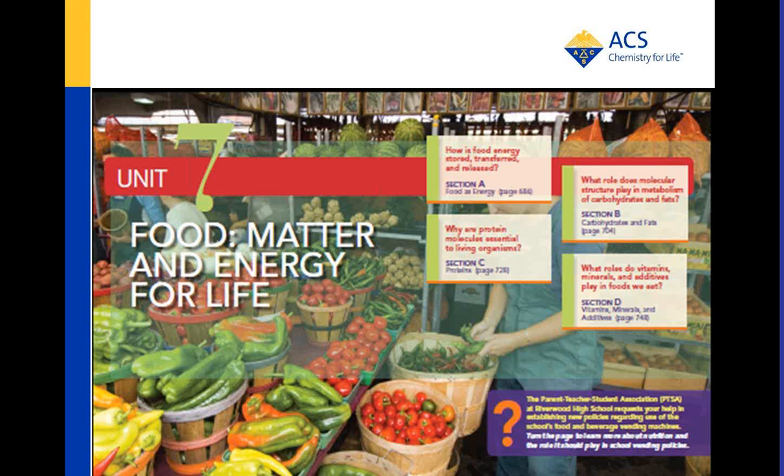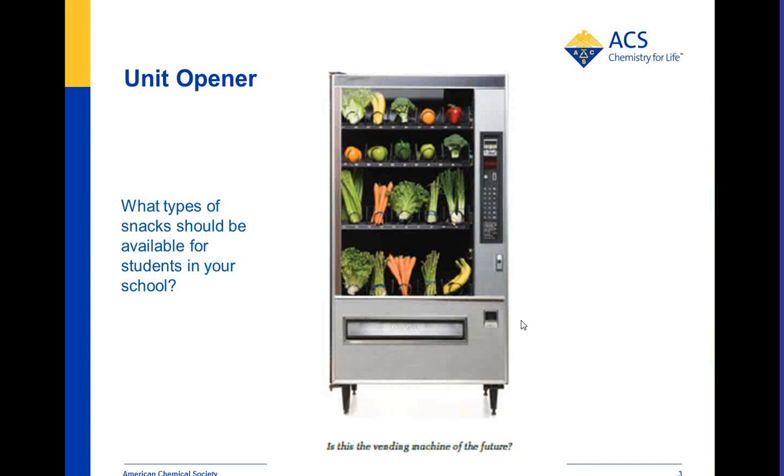The unit starts off with the Parent-Teacher-Student Association at the fictional Riverwood High School, and they're trying to change the vending machines in the current school to best match the food required for a teenager.